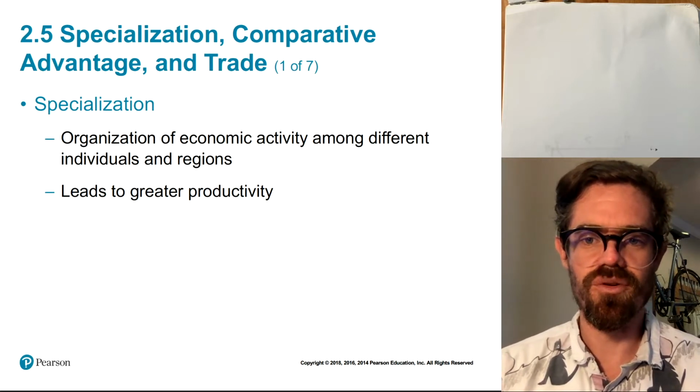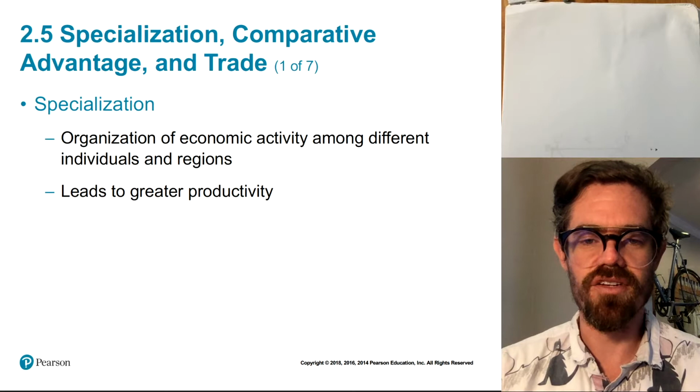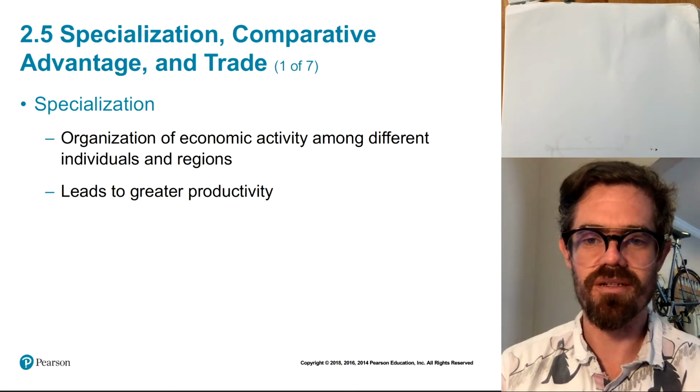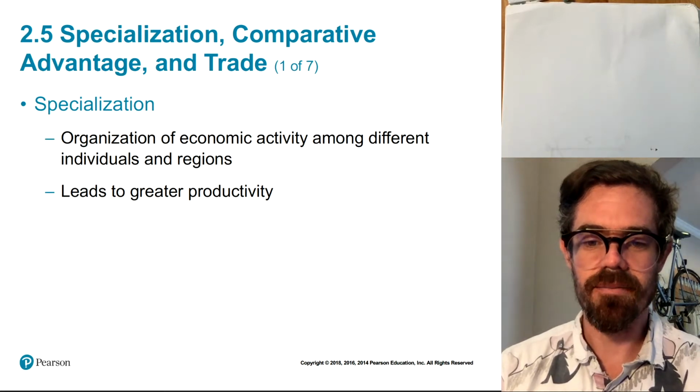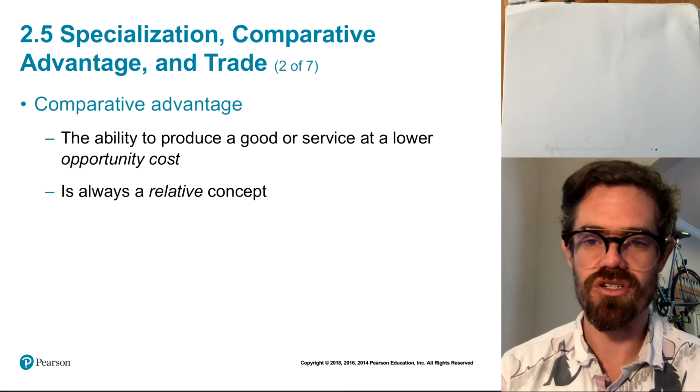And what's so important about specialization in economics is that it allows us to have greater productivity as a society. Okay, so that's why we care about this concept. It allows us to have greater productivity, which is basically, in other words, a PPC that is pushed further out than it otherwise would be if we did not have specialization.